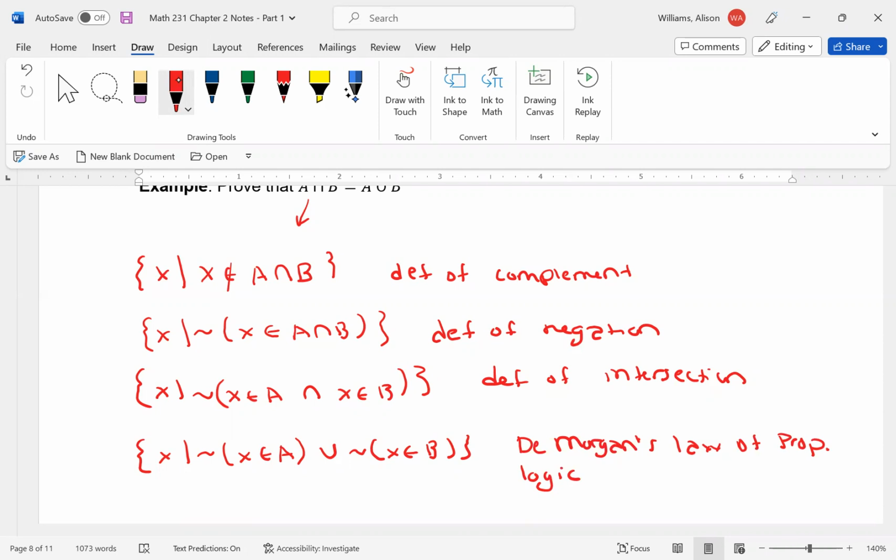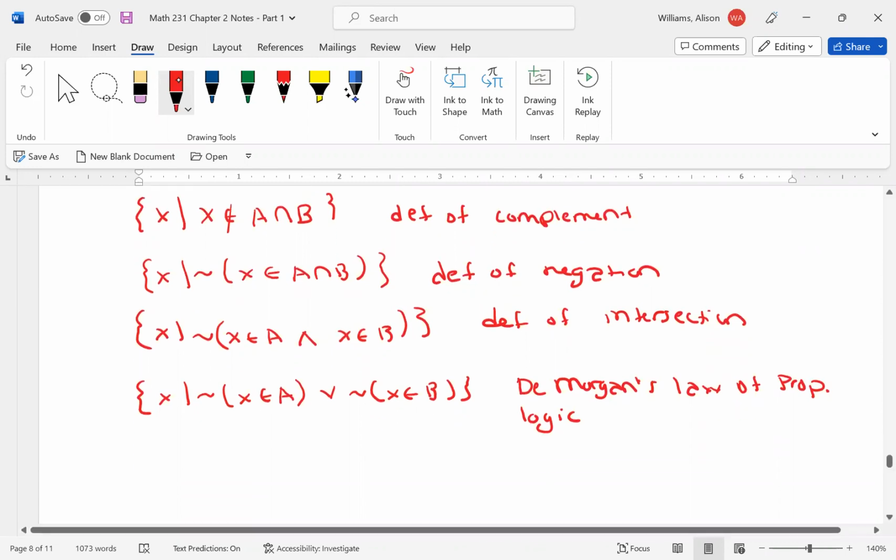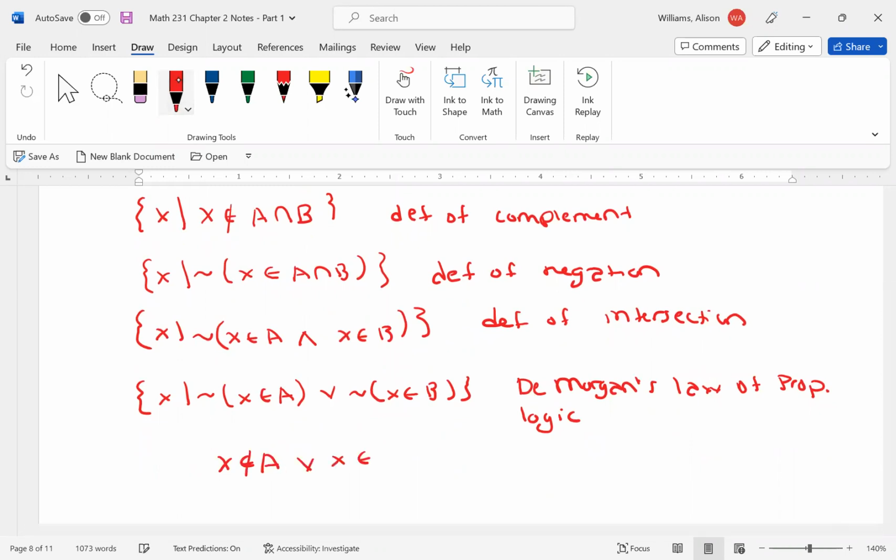I just realized I didn't want the union symbol. I wanted the or symbol. My apologies. I think I said or and didn't write it. I wrote the union. I apologize. Okay. So now another way of saying that is to say that X is not an element of A, or X is not an element of B. That's a different way of saying that.